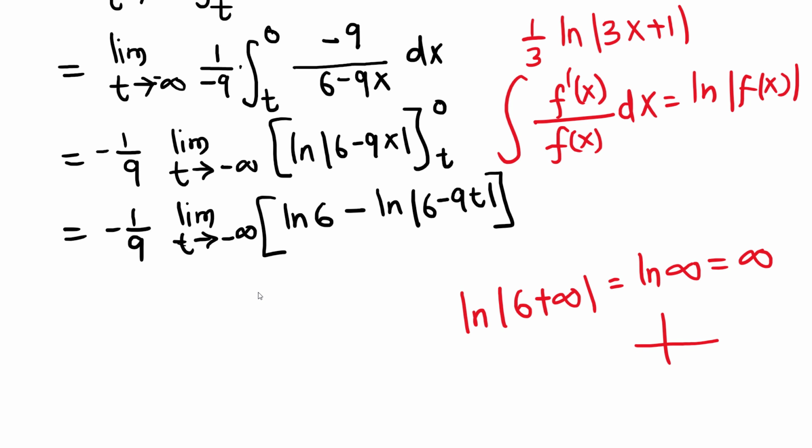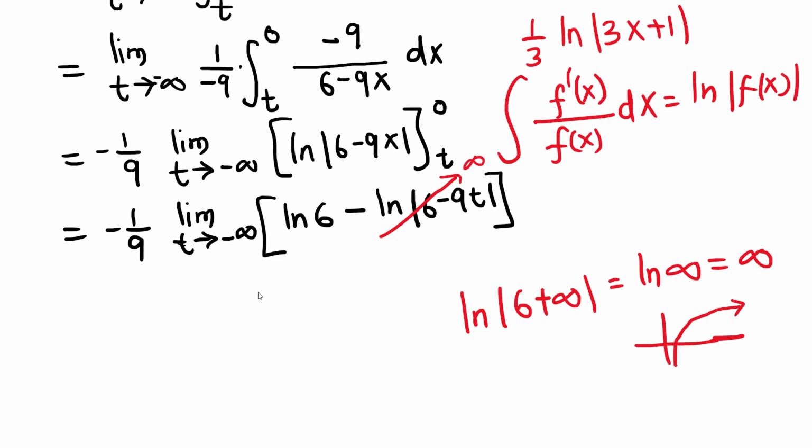If you graph natural log, this is the graph. When x goes to very, very big, it increases slowly but goes to infinity. So when t goes to negative infinity, this thing goes to infinity.